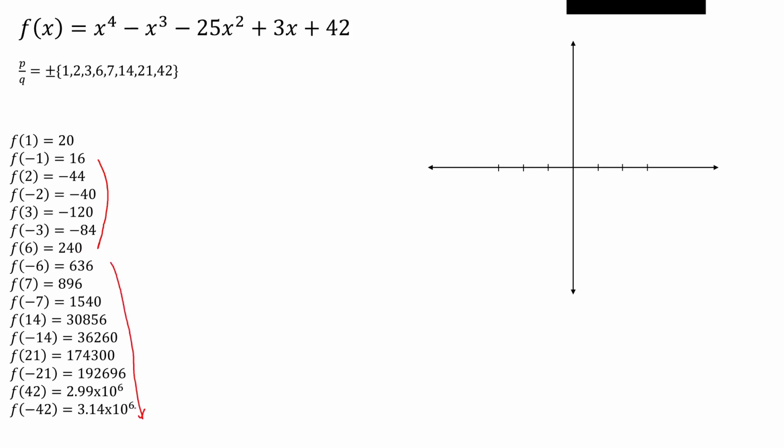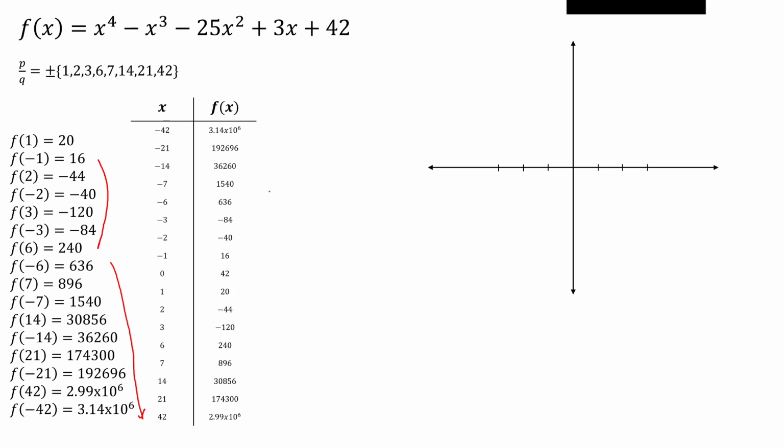Another way to look at this is if we arrange all of those possible inputs from smallest, most negative, to most positive, we can see that at negative 42 we have a huge number, and then between negative 6 and negative 3, the outputs go from positive to negative. So somewhere between negative 6 and negative 3 there is a zero. That's what the intermediate value theorem tells us.